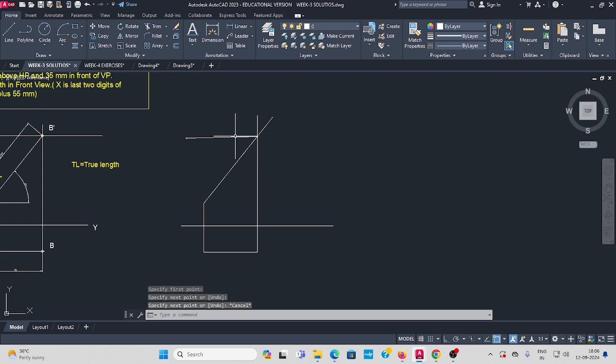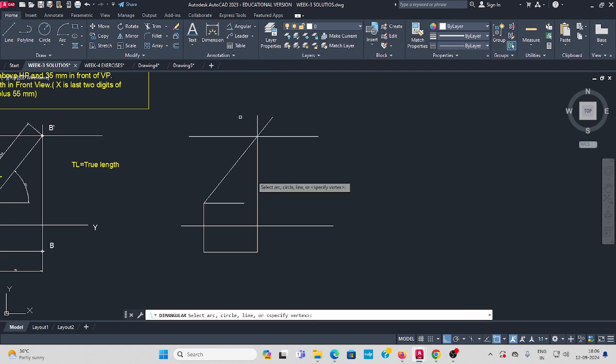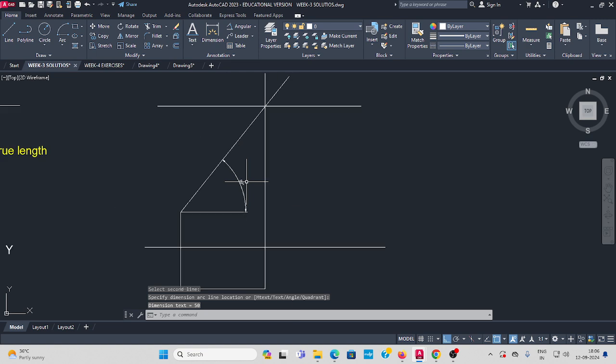I draw a straight line. Check the angular dimension, 50 degrees.